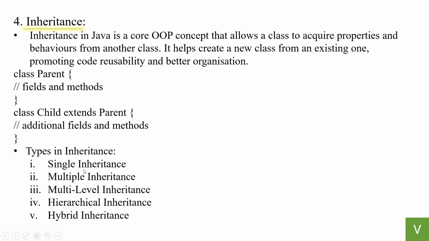But Java does not support multiple inheritance, because let us consider we created two different parent classes. In the two different parent classes, we have the same field, like int a and int a in both classes. Now we created a child class from both parent classes.